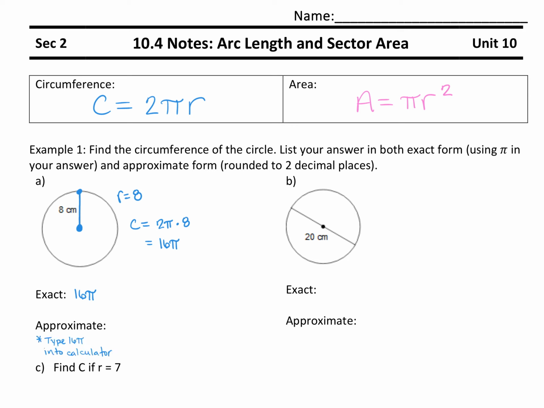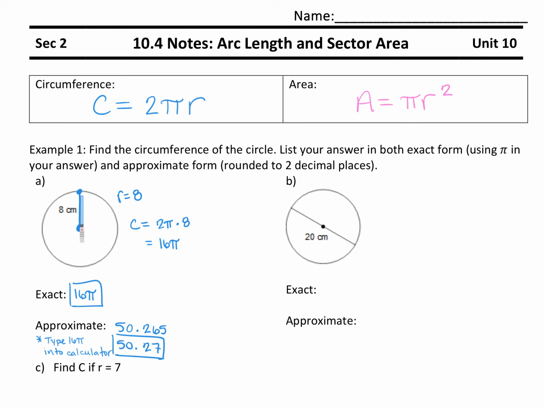Typing 16 pi into the calculator, it gives us 50.265, but it wants us to round to 2 decimal places. And so this becomes 50.27 for the approximate.